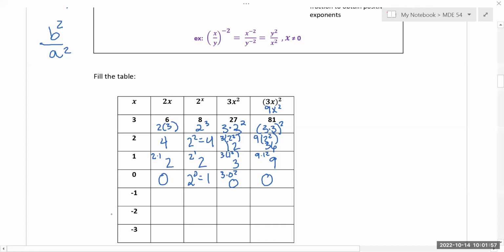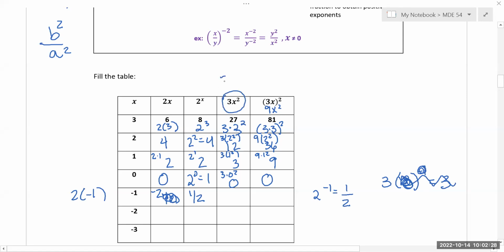All right, and then for the negative side, 2 to the negative 1 makes it 1/2. Oh, that was this one, I apologize. 2 times negative 1 is negative 2. Over here, 3 times 2 to the negative 1... I inverted the numbers, my apologies.